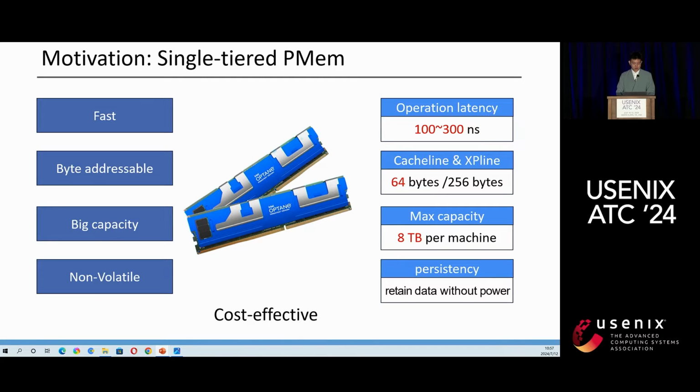Second, it supports byte addressability with a cache line granularity of 64 bytes. Third, it has large capacity, supporting up to 8 terabytes per machine. Last but not least, it's non-volatile. That means data stored in persistent memory remains even after a power outage.